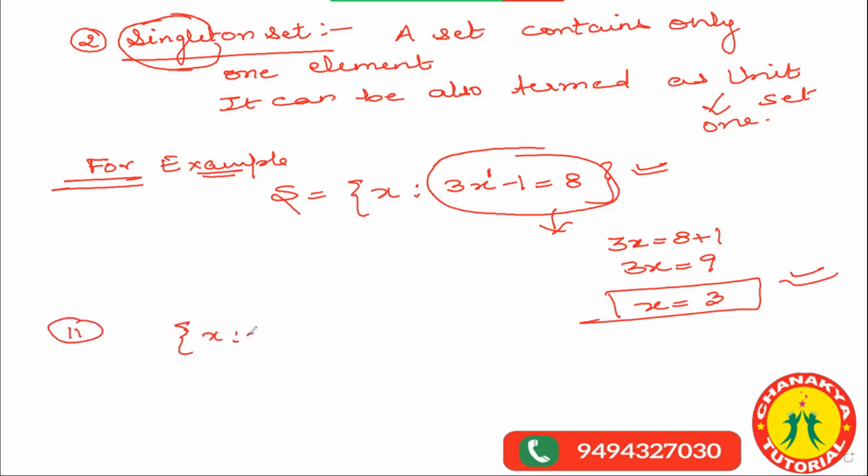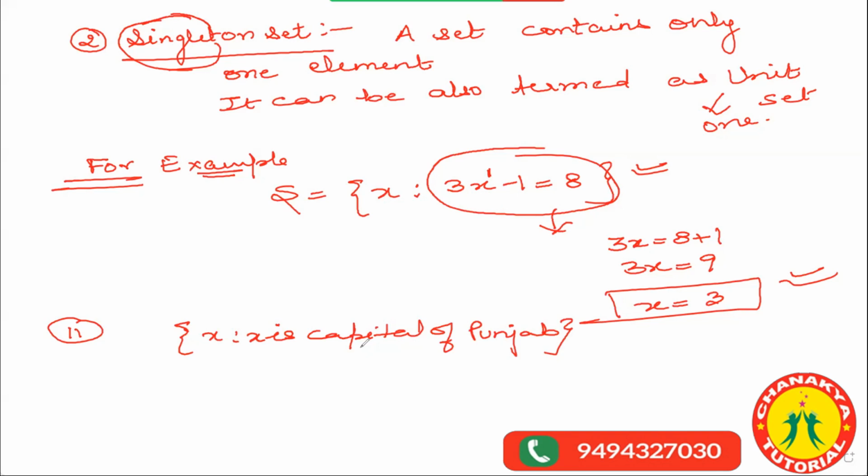Now tell me, is this an example of a singleton set or not? X is the capital of Punjab. Yes, ma'am, this is a singleton set, only one thing, the capital of Punjab.